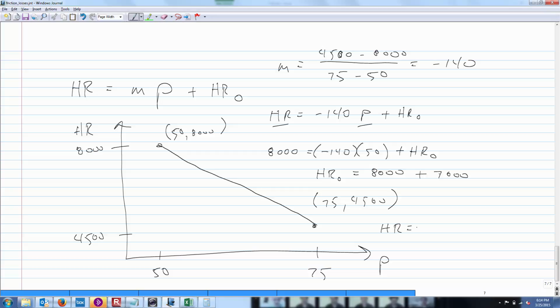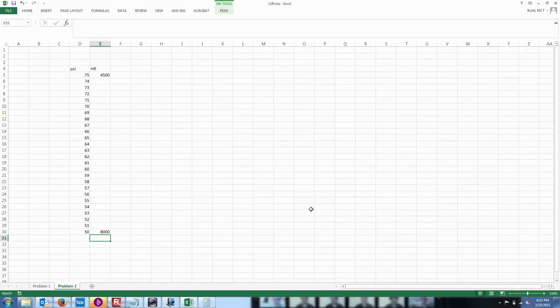So we end up with HR equals negative 140 P plus 15,000. So that's the equation that we're looking for. Okay, so M is right here.